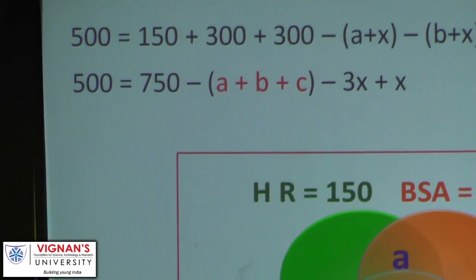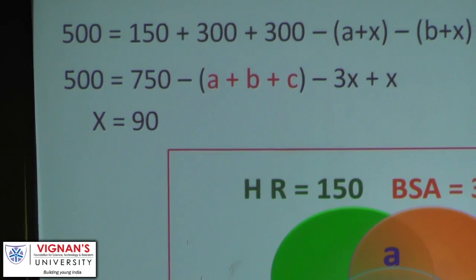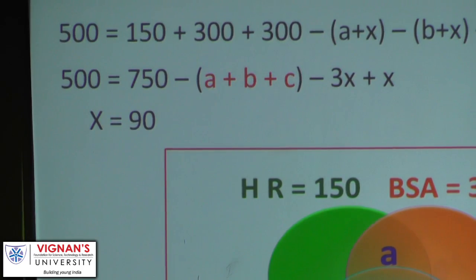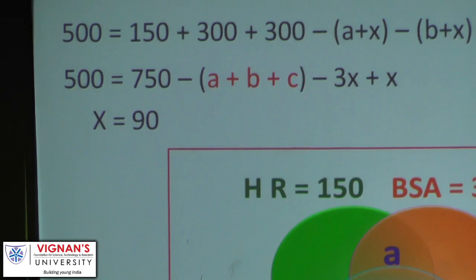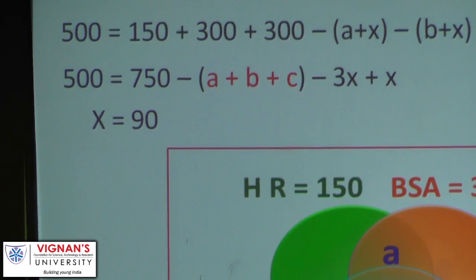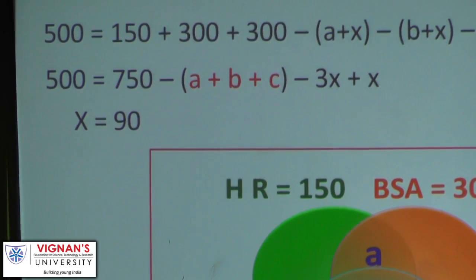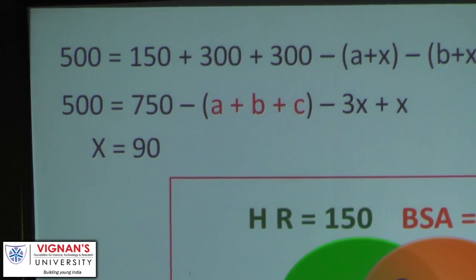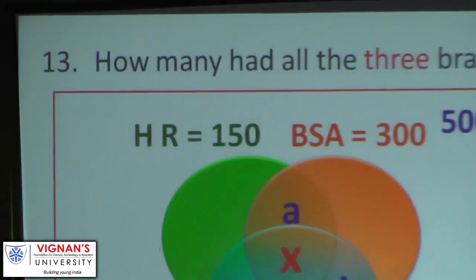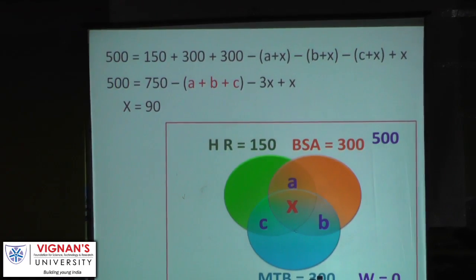Substitute it here as 70, because we already know it is 70. So X value is 90. How many had all 3 brands? 90. Are you noting down?